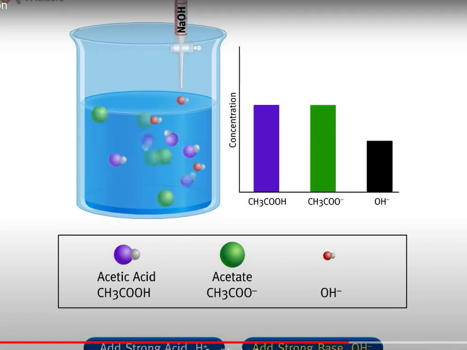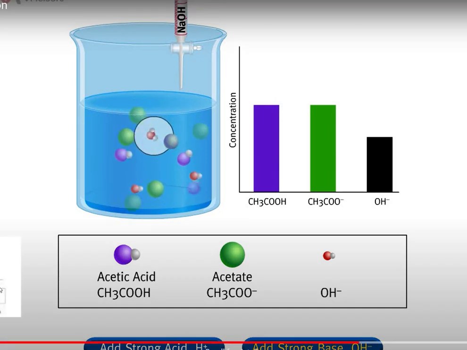Here comes our OH minus, and we can see what happens there. So OH minus is going to be a red and a gray together. And the OH minus is going to react with the acid. And basically the gray is going to come off and it's going to make water. So you're going to have gray, which is HOH, that's H2O.